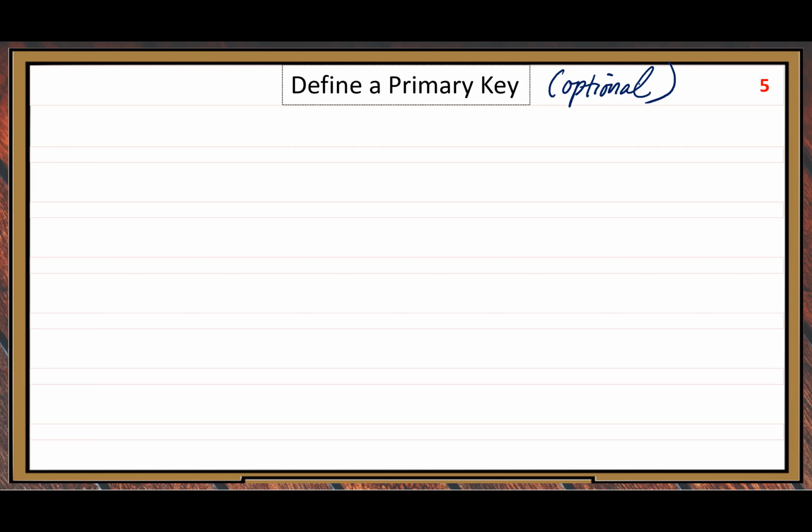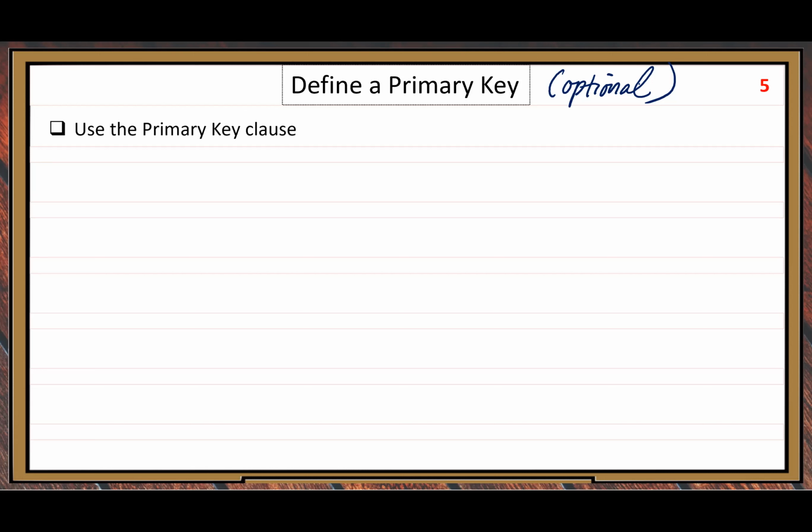Otherwise, it is not easy to refer to a particular row in a table. So it is very useful and desirable. We like to have a primary key. But sometimes you may not be able to get it, and you have to accept that possibility.